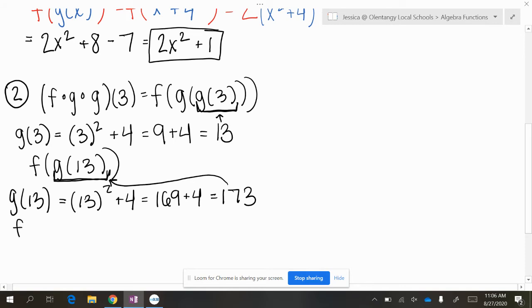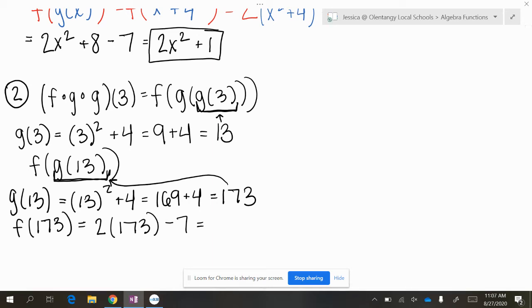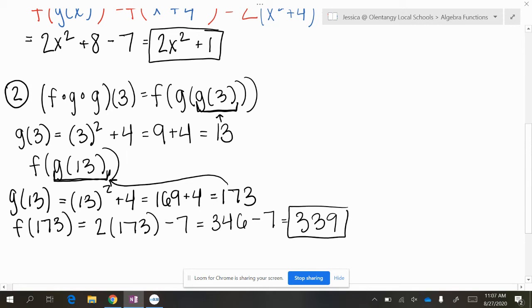So now I'm dealing with f of 173, and my f function is 2x minus 7. So 2 times 173 minus 7. 2 times 173 is 346 minus 7, which is 339. That is that one.